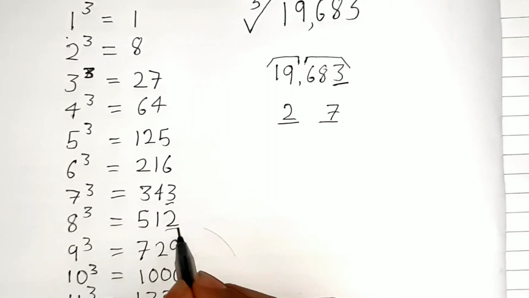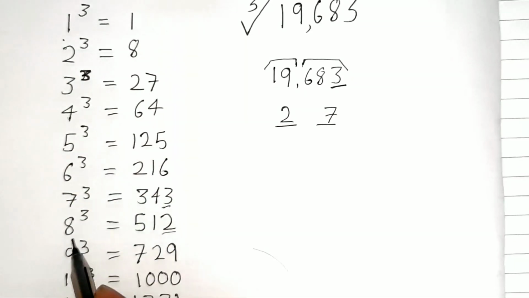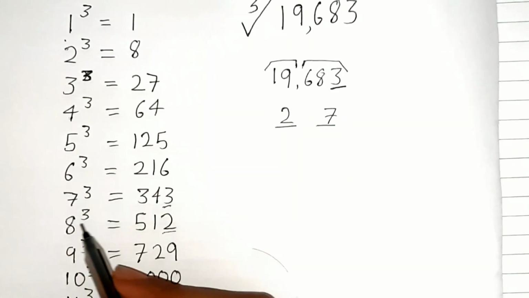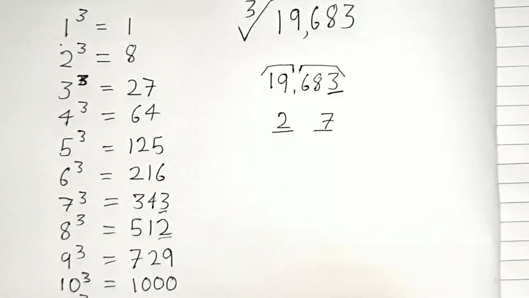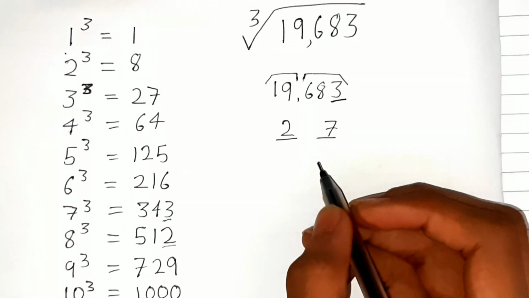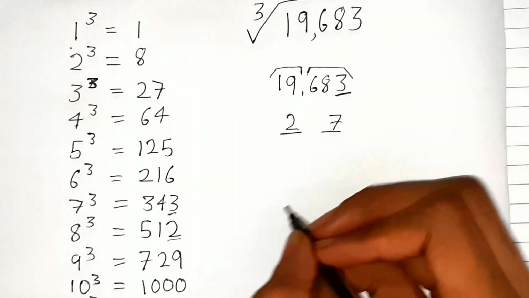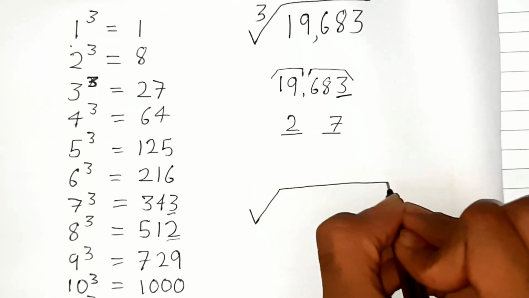That means the unit digits are exchanged. Also in 3 and 7, 3 has a cube of 27 and 7 has a cube of 343. Except for these numbers, all the numbers have the unit digit of the cube as themselves. So it is not tough. It is easier than squares, but you need to know all the cubes of the numbers.